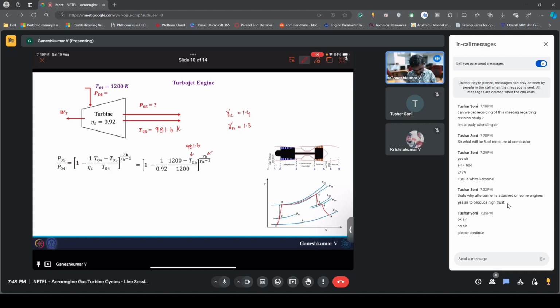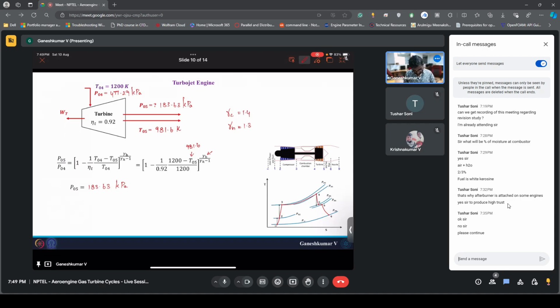These are the numbers we already assumed in the initial given stage. Upon substitution you will end up having P05 as something like 183.63 kilopascal. So it enters at higher pressure, which was around 477.29 kilopascal, and it leaves at lower pressure 183.63 kilopascal, which is expected because the flow process is converting it to mechanical work, as shaft work.